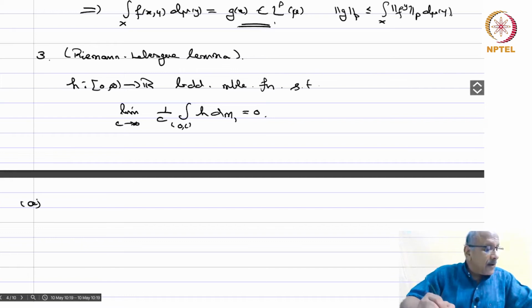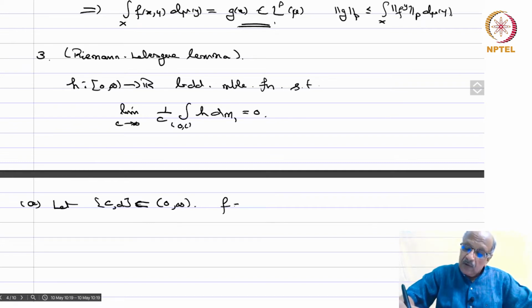A. Let [c,d] be contained in [0, infinity), f equal to chi of [c,d].